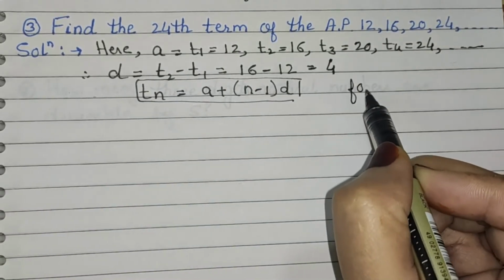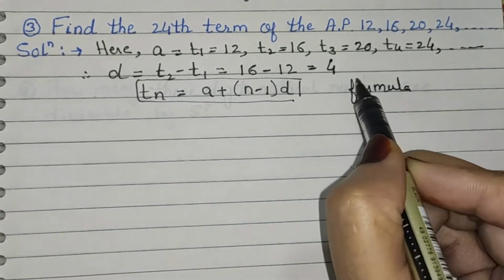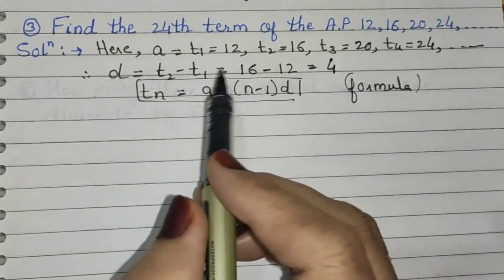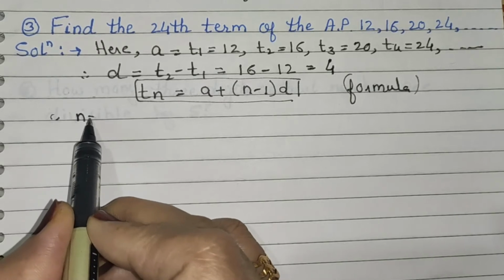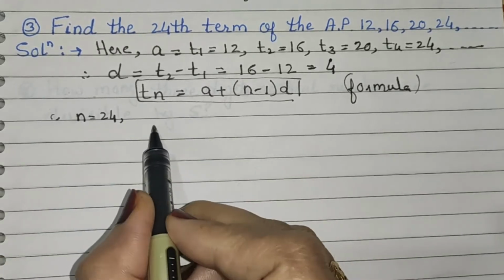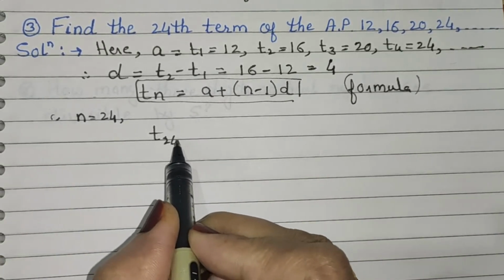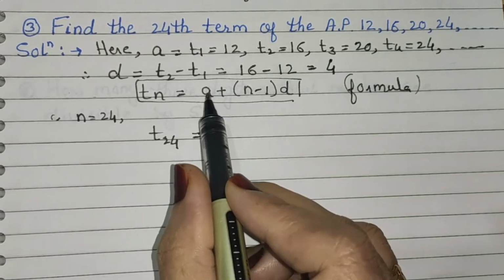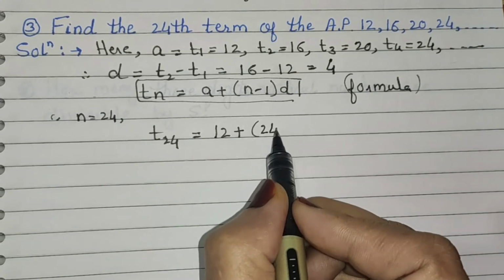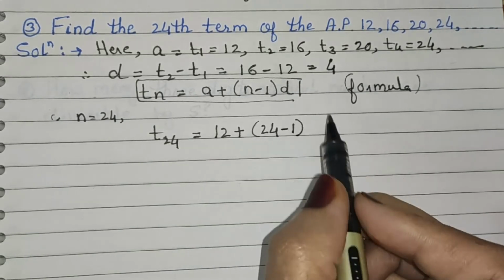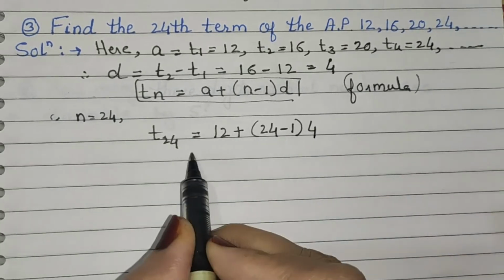It is the formula. Now our aim is to find 24th term. Therefore n is equal to 24. Substituting all the values, T24 is equal to A. Now the first term is 12 plus 24 minus 1 into D. Now the value of D is 4.